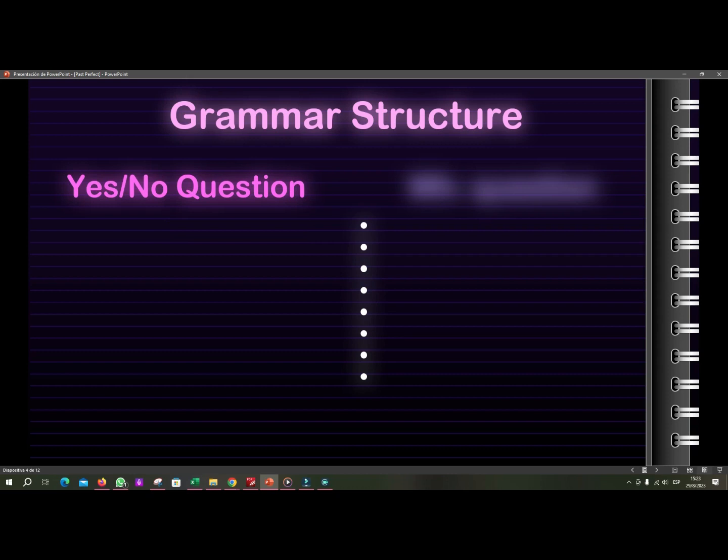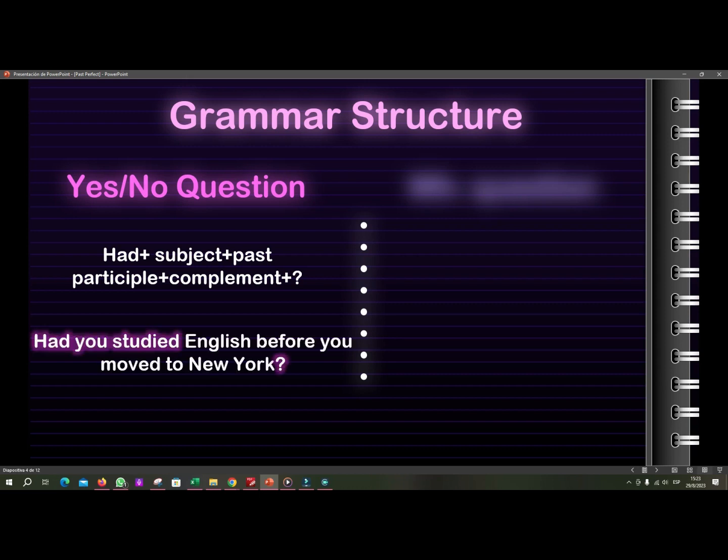Also, we can have yes-no questions. First, we're going to have the auxiliary had, then the subject, and the past participle plus the complement, and don't forget the question mark at the end, okay? So, had you studied English before you moved to New York?